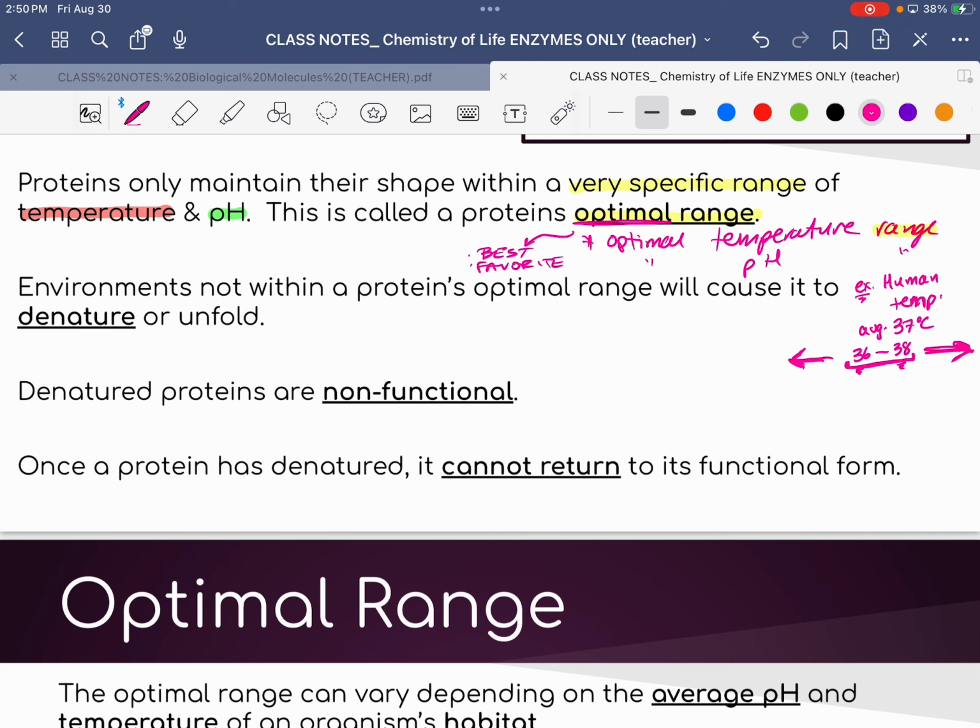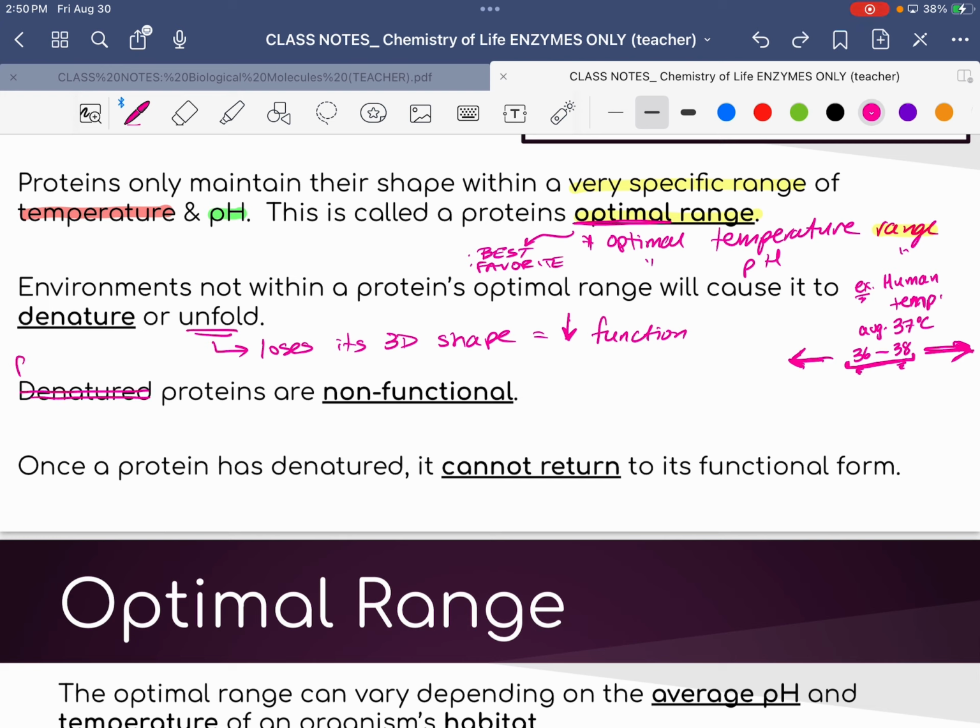So if it unfolds, then it loses its 3D shape, and therefore its function, or I guess it decreases its function. So that's not good.